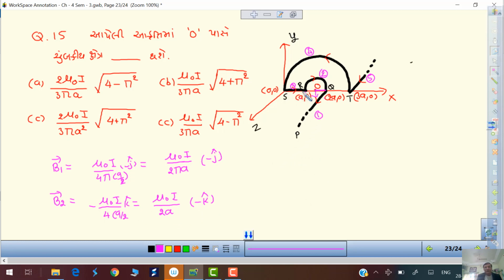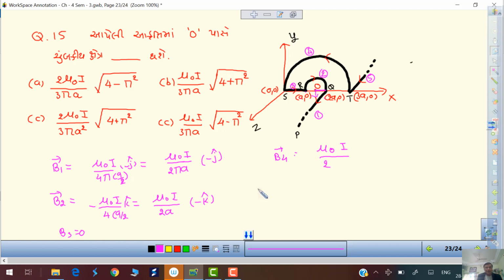Then B3 is 0. Why? The point is on the line. So B3 is 0. Then B4. It is again a half circle, current is flowing in clockwise direction. So the magnetic field outward means Z direction, plus k. So μ0 I upon 2r.